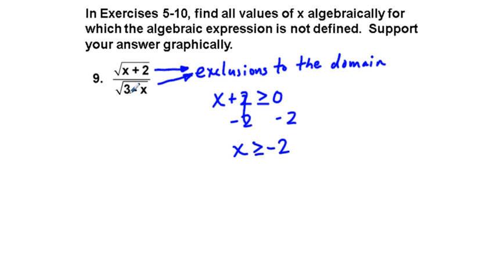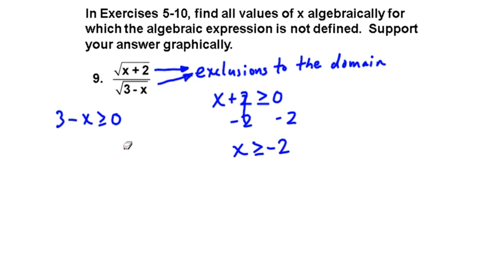And then for this 3 minus x, well, I'm tempted to write 3 minus x is greater than or equal to 0, but can we do that? No, we cannot. And here is why not. Not only can we not have this inside the square root be negative, we cannot even have it be 0, because we cannot divide by 0.